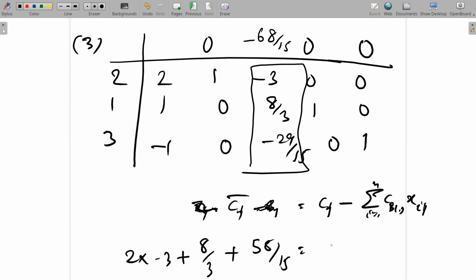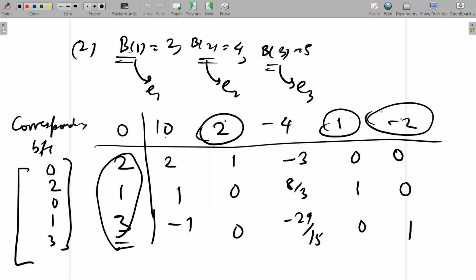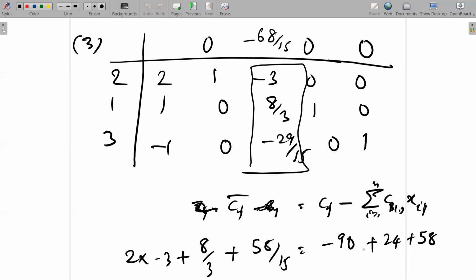So minus 6 is like minus 90, plus this is 24 plus 58. Oh, sorry, this is 40. It looks like it is minus 8 over 15.